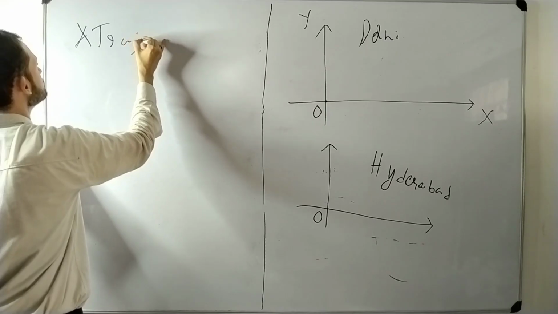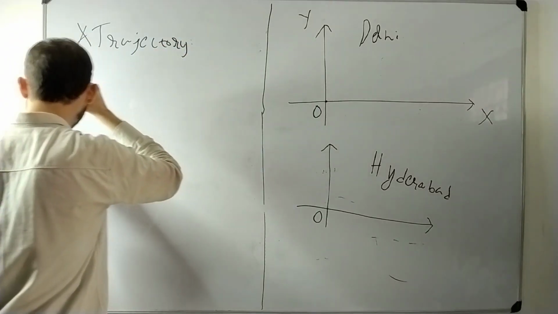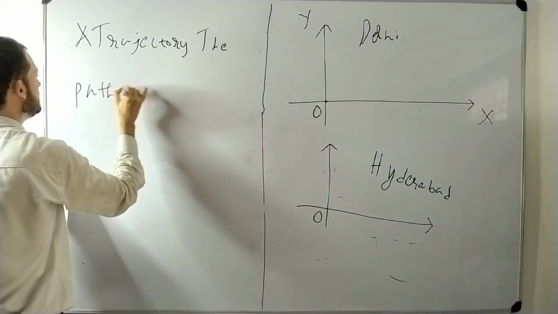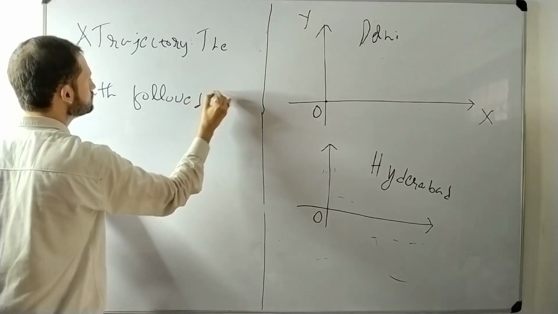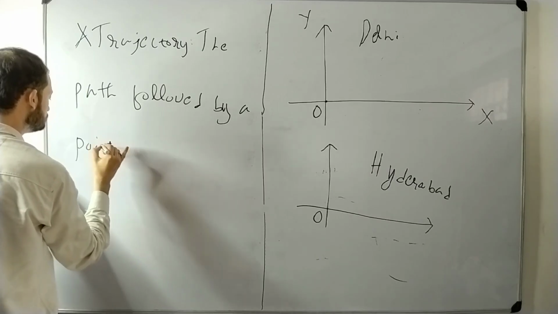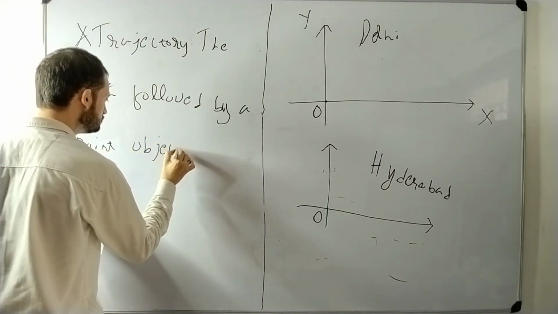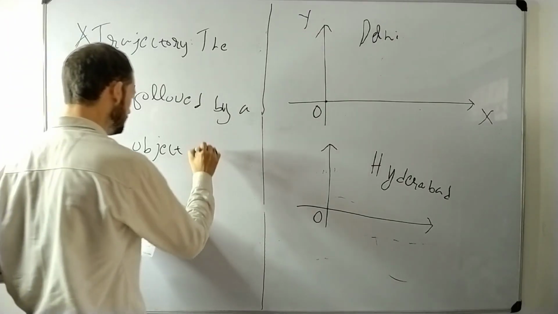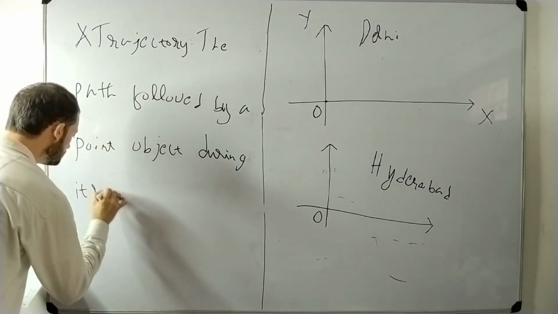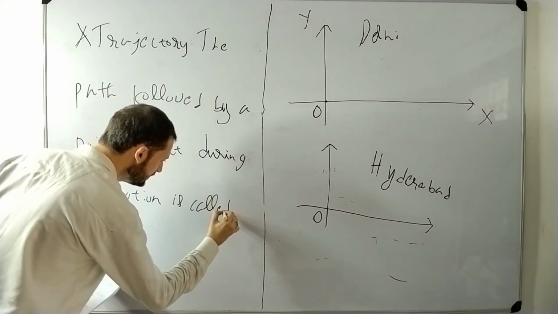Trajectory: the path followed by a point object during its motion is called its trajectory.